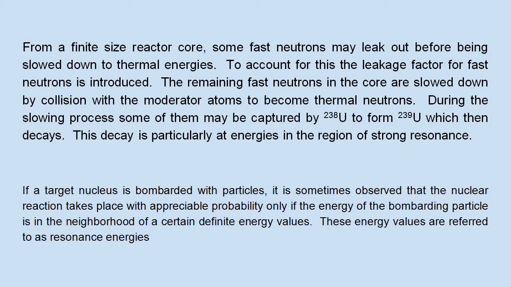During the slowing down process, some of them may be captured by uranium-238 to form uranium-239, which then decays. So before the slowing down, some are captured by uranium-238. And this capture occurs particularly at energies in the region of strong resonance. And this uranium-239 does not decay with the emission of neutrons.